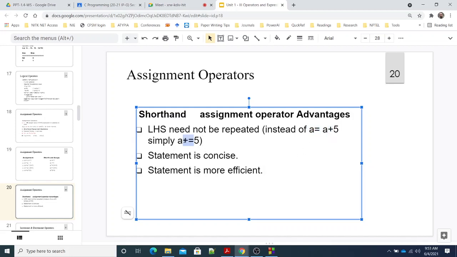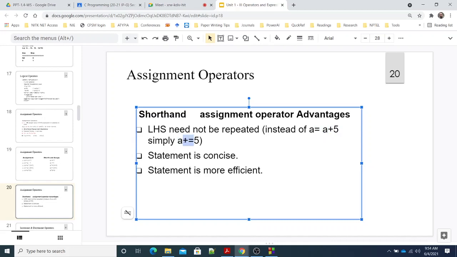Now if the CPU has a single command for doing both operations, and you are using the shorthand assignment operator, there will be only one command or one operation taking place at the CPU level. In that case, the time taken for executing this will be slightly less than the time taken for executing this. Here two CPU level commands are there. Here only one command is there. But all CPUs may not support such a command.